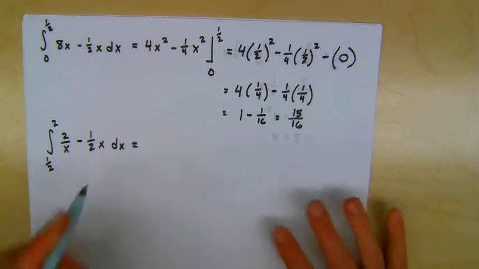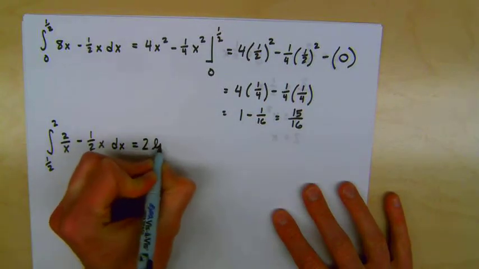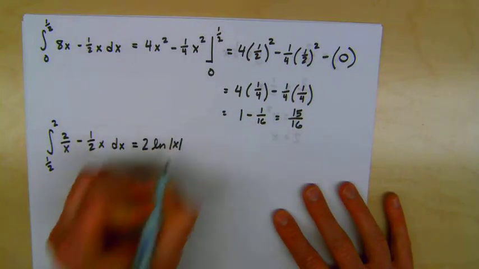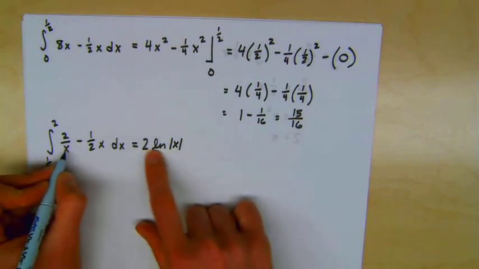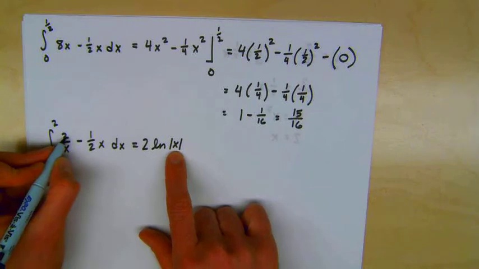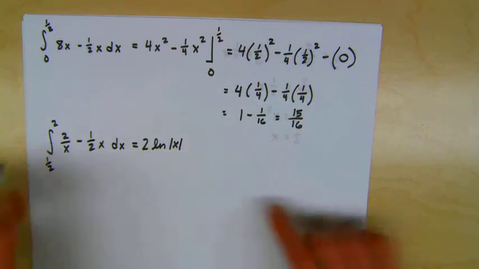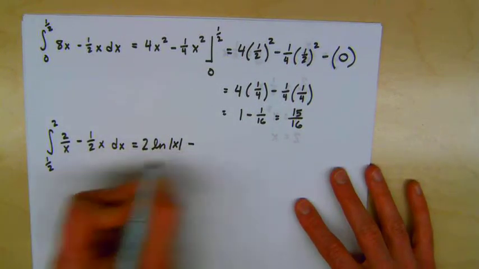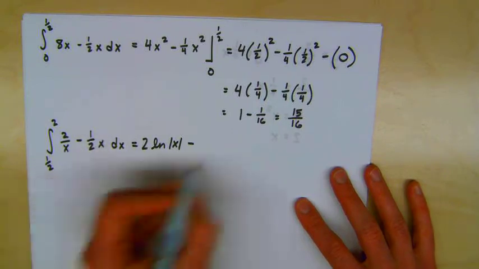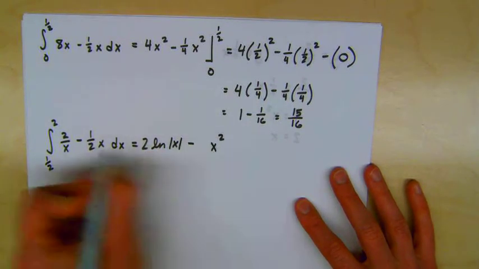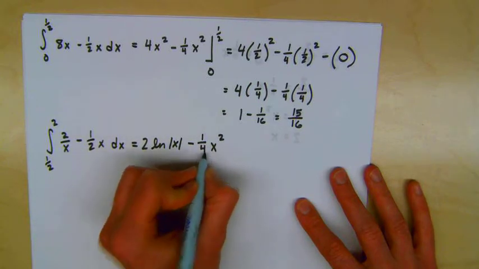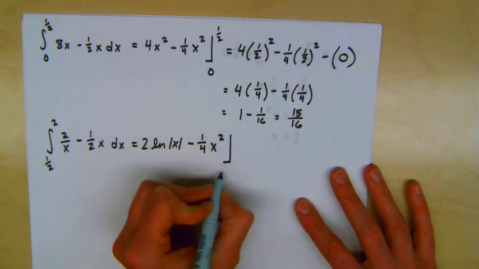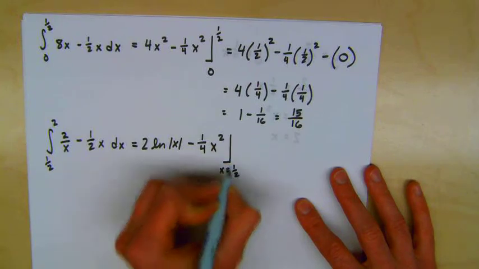So instead, we end up with 2 times the natural log of the absolute value of x, because the integral of 1 over x is natural log of absolute value of x, and the 2 is a coefficient that's just multiplied. Minus, we already took the integral of this, but we know that we're going to raise the power. It becomes x squared, and dividing by 2 becomes times 1/4, evaluated as x goes from 1/2 to 2.